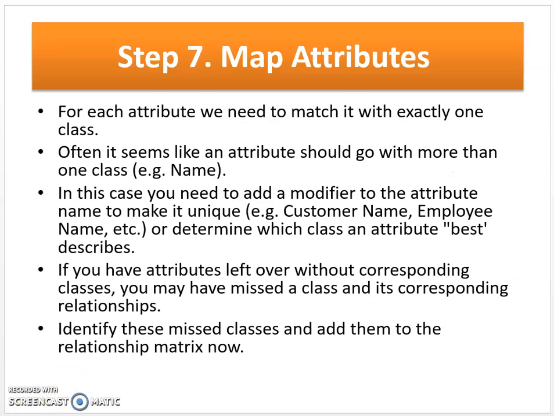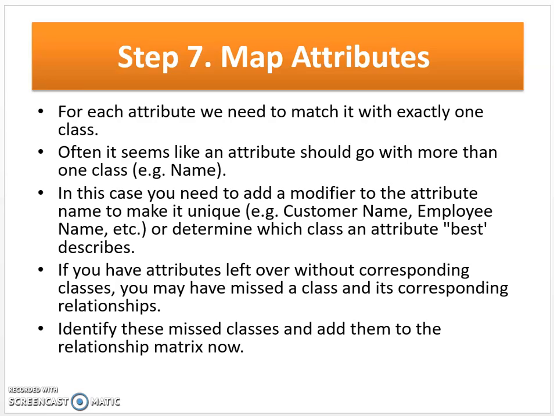So after you have mapped all the attributes for each and every class, then we can draw another diagram. But at this time, we need to make sure that we have resolved the many-to-many relationships, if any.